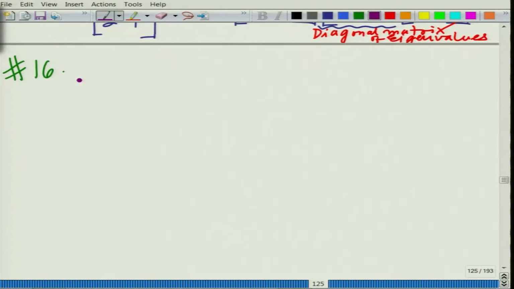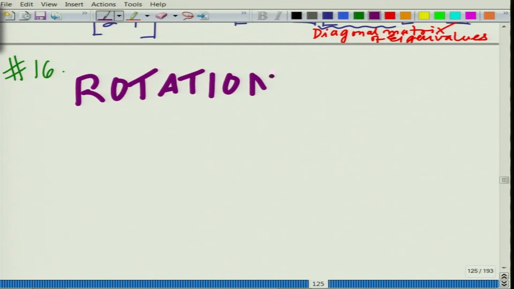So, in this module, let us look at a special class, or rather classes of matrices termed rotation and unitary matrices, which arise very frequently in linear algebra and matrix algebra, right. So, let us look at special classes of matrices.